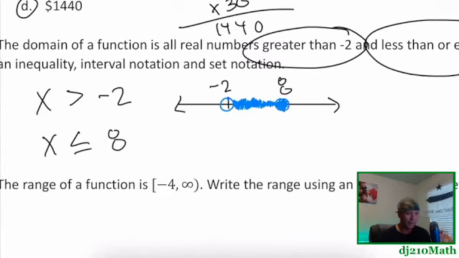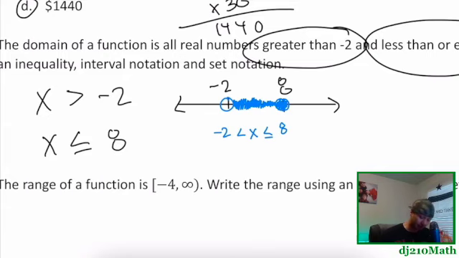So once you have this, right, it's not two pieces. So I don't want two separate inequalities, right? It's one piece. So I want one inequality. And this is going to be x is in between, right, -2 and 8, except it's or equals for the 8. So that would be the inequality.